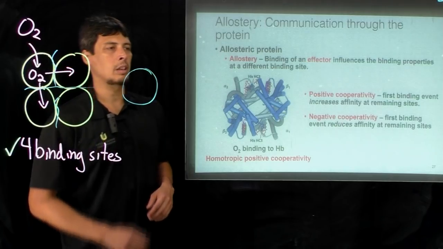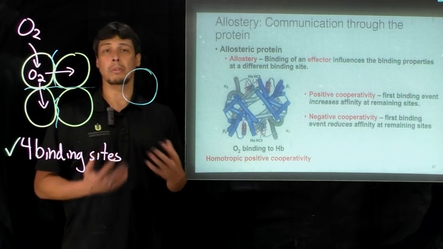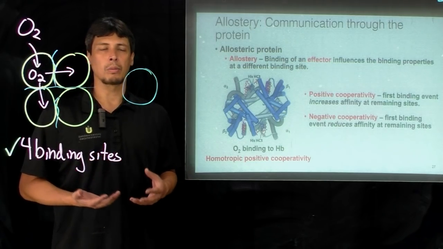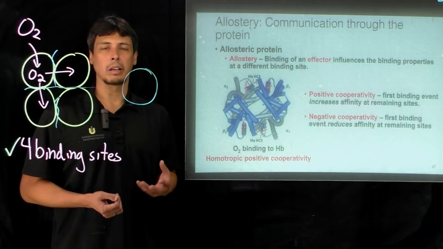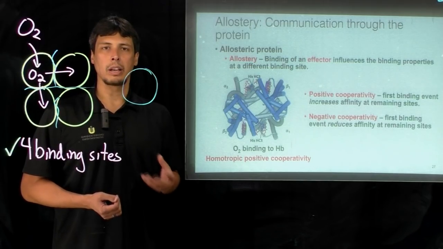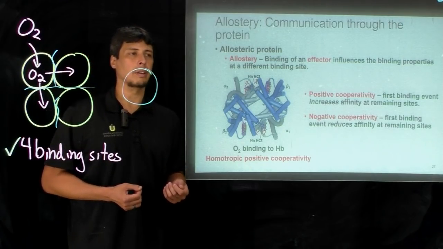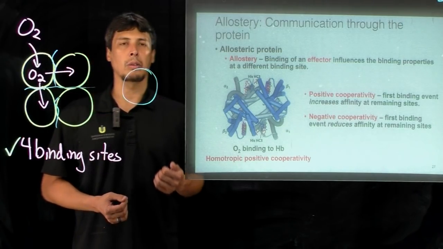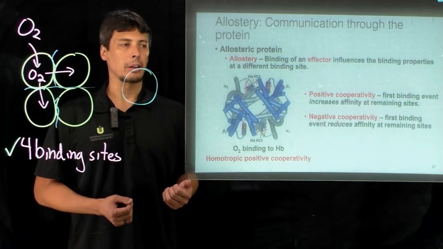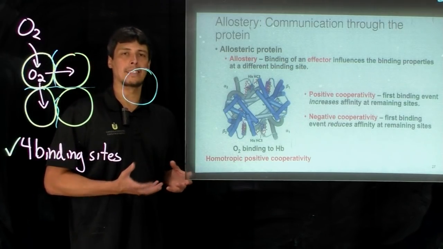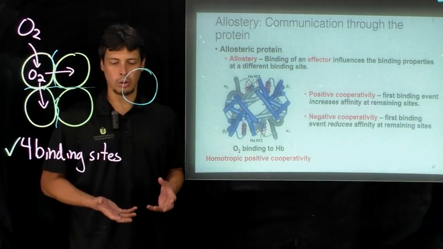And we can think about this in terms of cooperativity in 2 different ways. So positive cooperativity, again, in the Hill plot, this is when n is greater than 1. And so that's when the first binding event increases the affinity at the remaining sites for the ligand. If n is less than 1, then we have negative cooperativity.